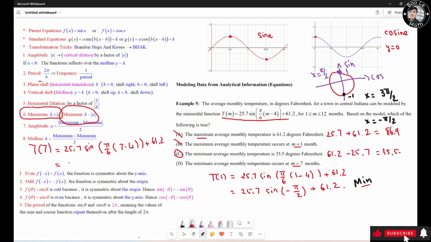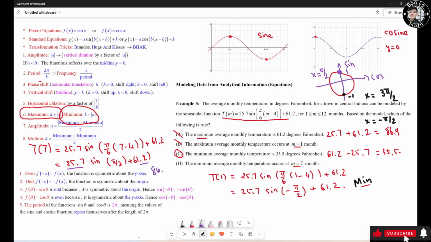So it's going to be 25.7 sine of (7 minus 4 is 3) times pi over 6, which is pi over 2, plus 61.2. Sine of pi over 2 is going to be 1, right? So it's going to be 25.7 times 1 plus 61.2, so it's going to be 86.9.